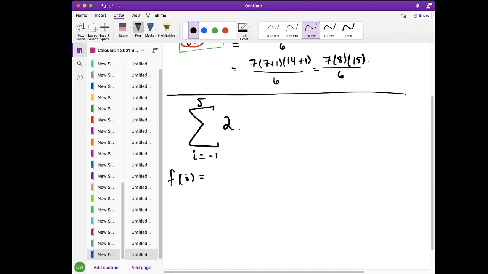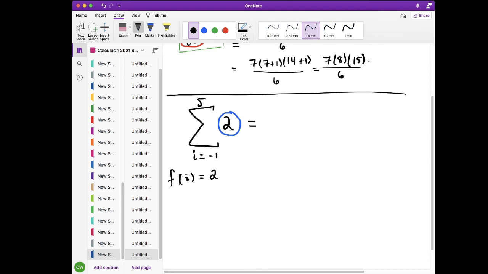Is there a function? What do you think? Well, it's whatever goes here. This should be your f of I. So that's what it is, it's 2.